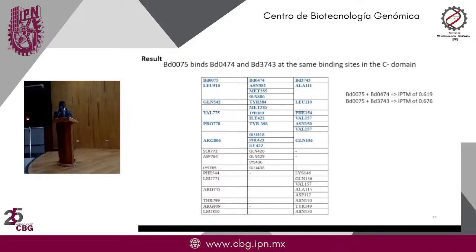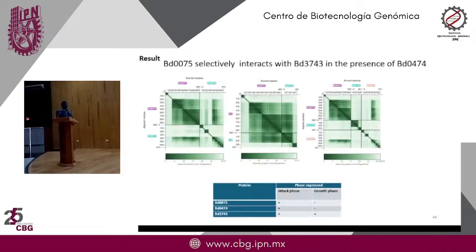So we decided to simulate interaction dynamics using the 3 proteins at the same time to see what the preference was. So here we could see, just like I showed earlier, the interaction between 75 and 474, and here is the interaction between 75 and 3743.